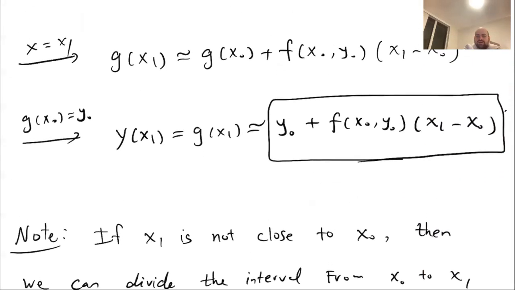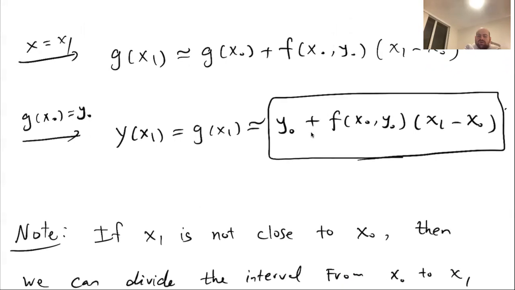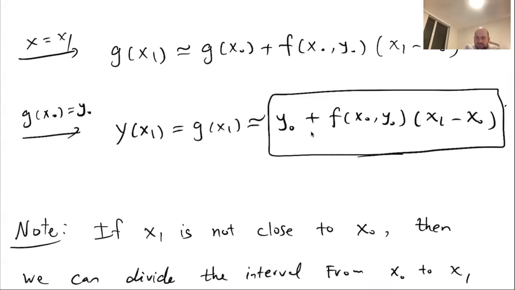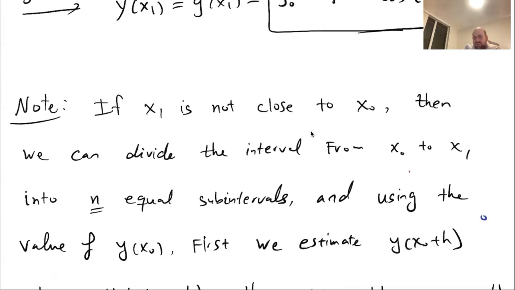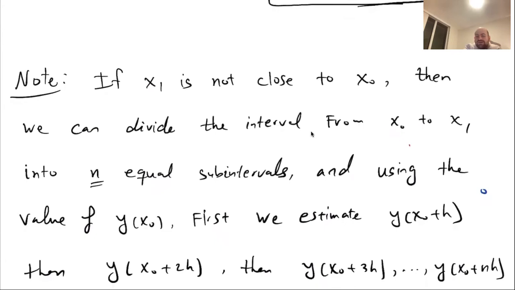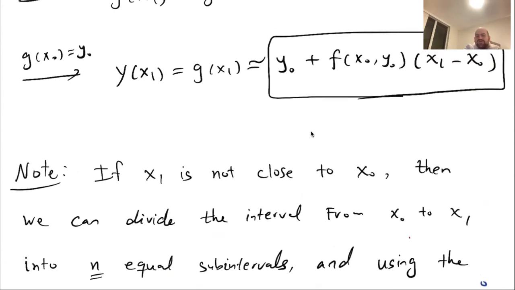Because x1 is supposed to be close to x naught in order for us to be able to apply the linear approximation formula. For linear approximation, we need x to be close to a. But if in the question x1 is not close to x naught, or if it is close but we want a better estimation, because if you use a smaller step size, you will have a better estimation.